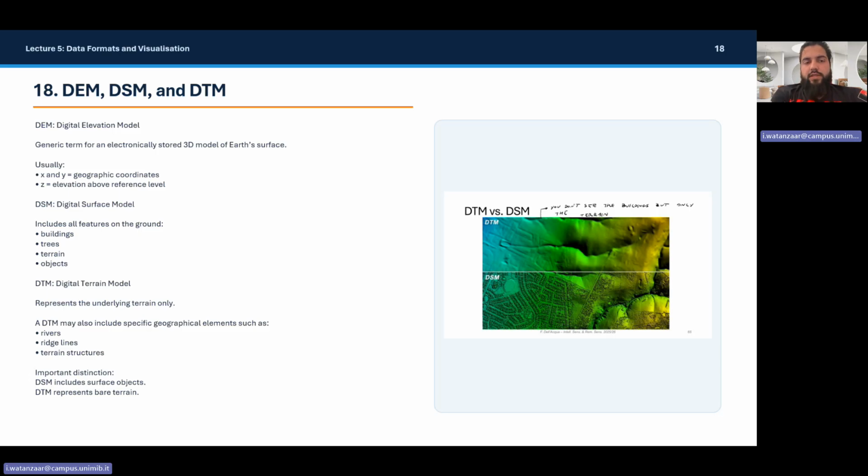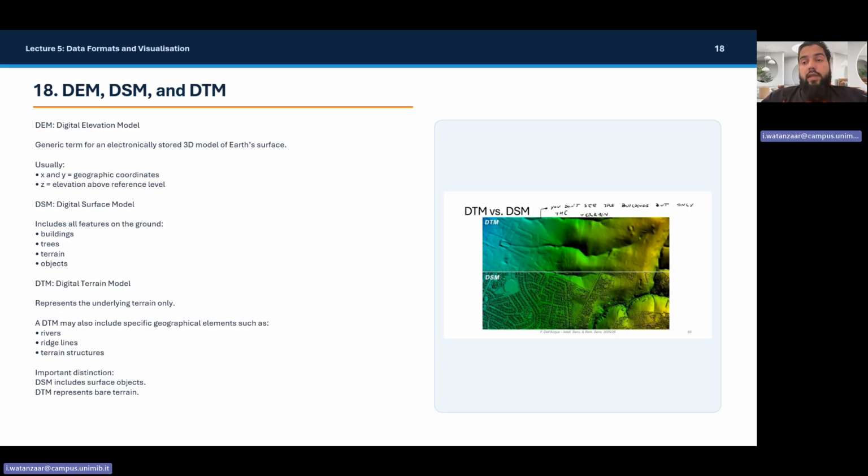The third one is the digital terrain model. The digital terrain model is exactly discussing how the landforms are formed on the surface, electronically or digitally representing the underlying terrain only. So they are only dealing with the terrains. A DTM may also include specific geographical elements such as rivers, ridge lines, and terrain structures.